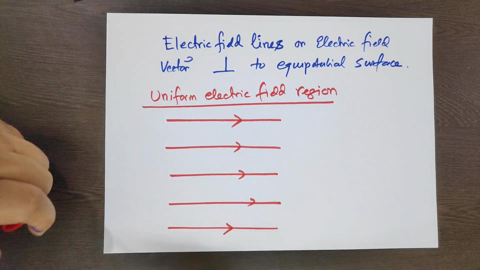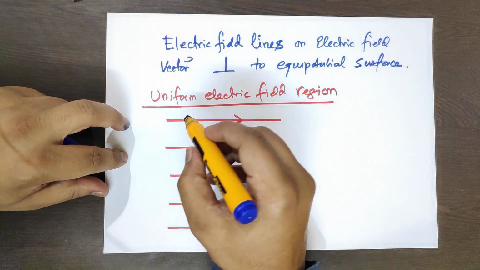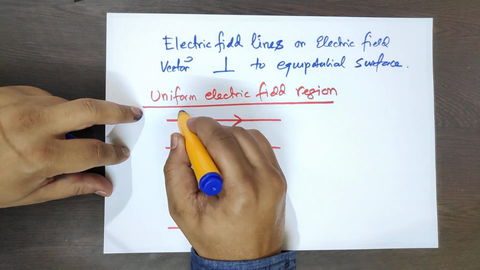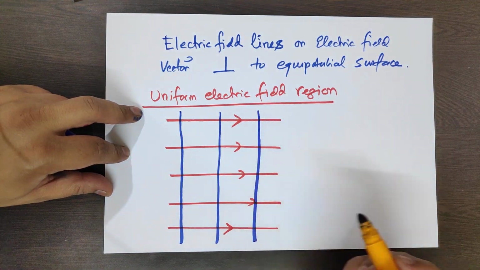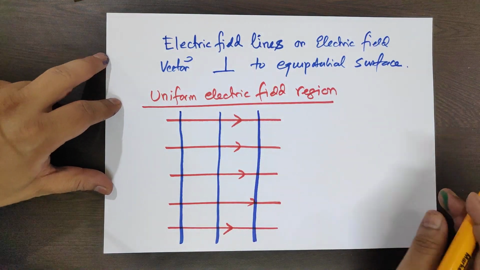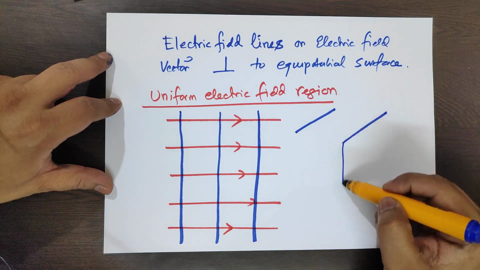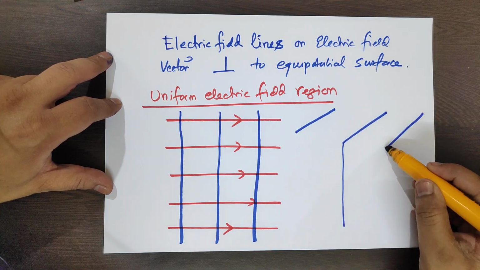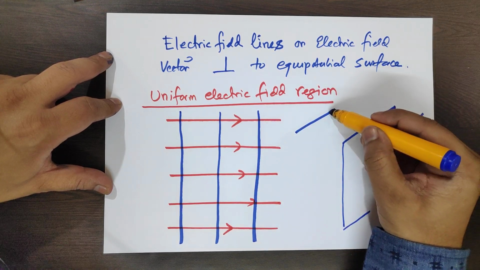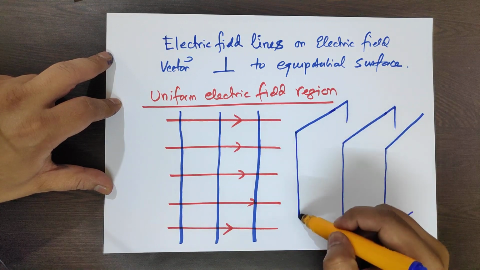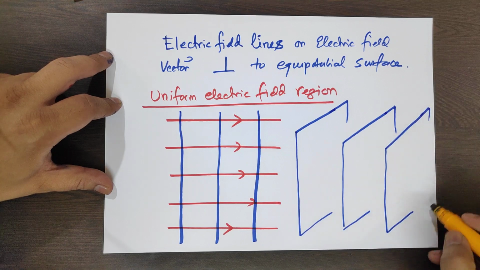Now, which are the equipotential surfaces? You know, these parallel planes are the equipotential surfaces. If you are not convinced, then I can help you out with this three-dimensional diagram of equipotential surfaces. See, these are imaginary surfaces, na? You can't catch hold of the surface.